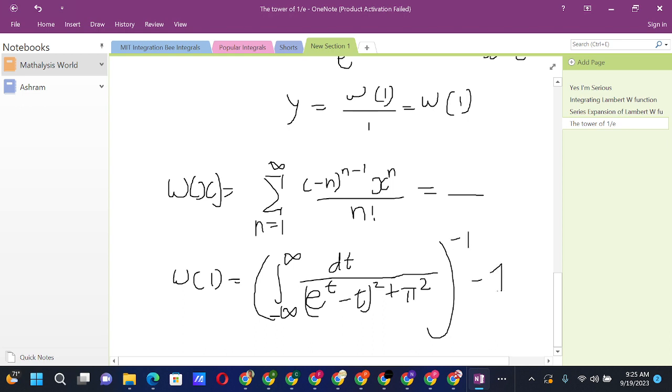I know that this is hard for a typical person to do, but with the help of computers you can easily evaluate this and get the value.